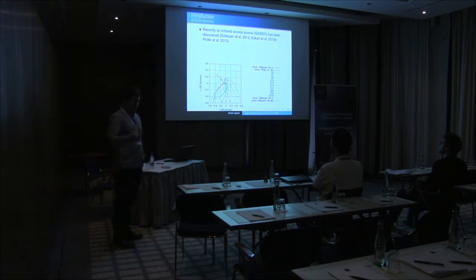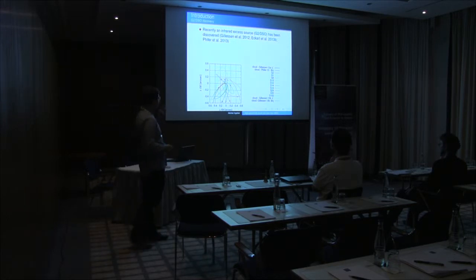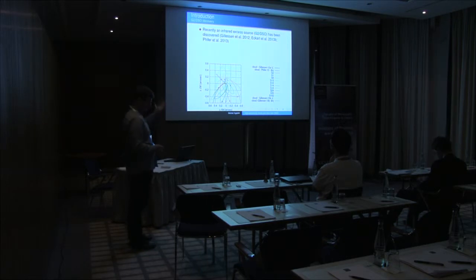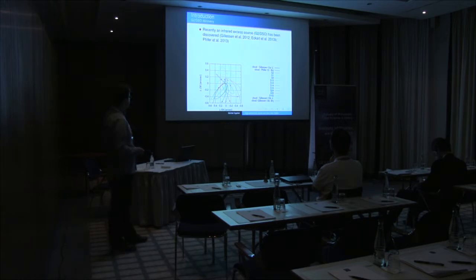Recently, as many of you have probably noticed, an infrared excess source, also named G2/DSO, has been discovered. It was first mentioned by Gillessen et al. 2012, but also followed by Eckart 2013 and Pfuhl.